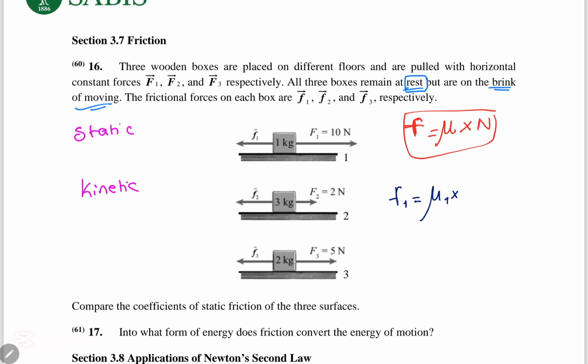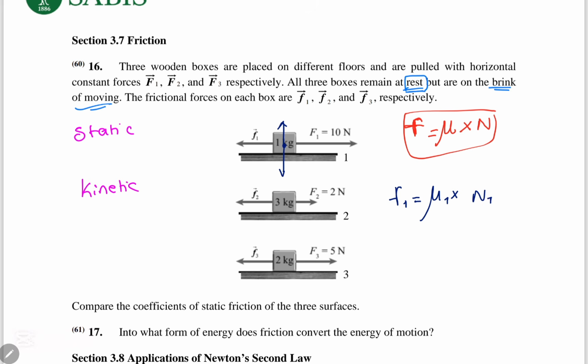What's the normal push? The normal push would be equal to the weight in this scenario only. Why? Because it's on a flat horizontal surface, and the box is stationary on the y-axis. So times the normal push, which is my weight, which is 1 kg times g. Let me call this N1.